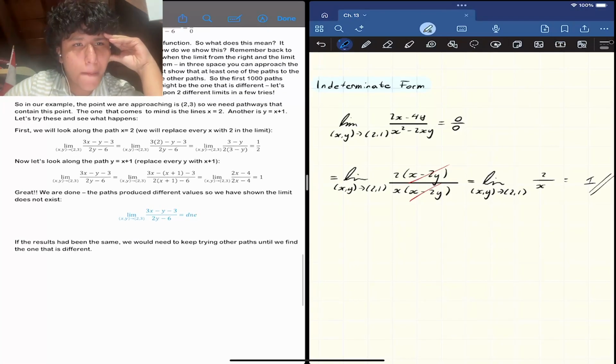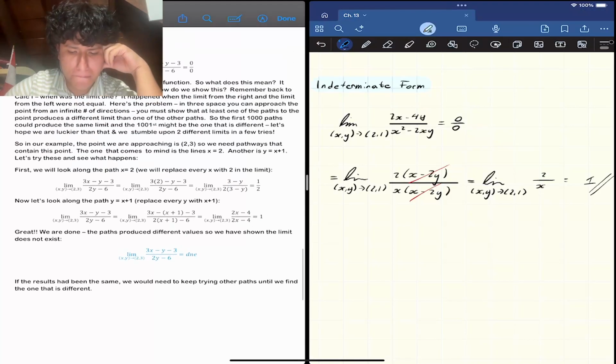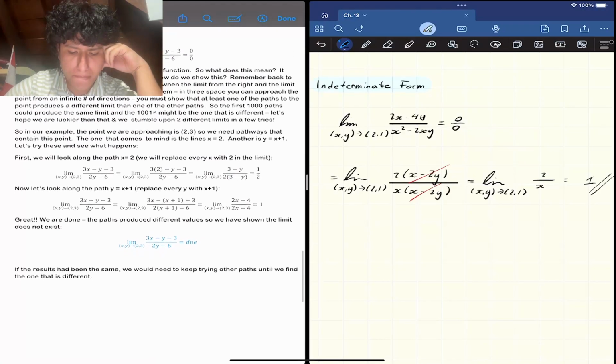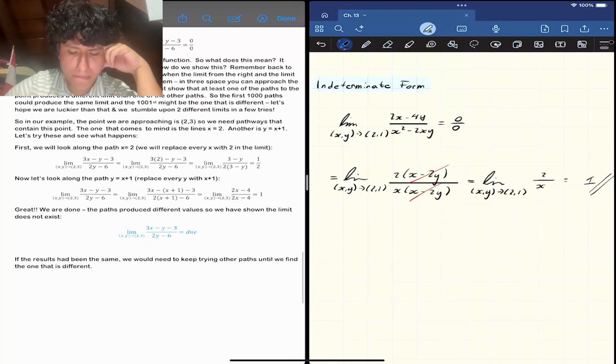First we will look at the path x equals 2. We will replace every x with a 2 in the limit. What? I'm confused. Oh, I'm an idiot. Okay, yeah. When you do x, you get 1/2. Now let's look at the path y equals x plus 1.